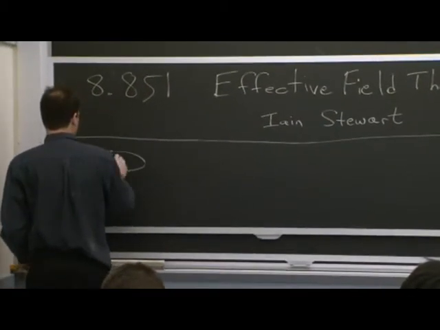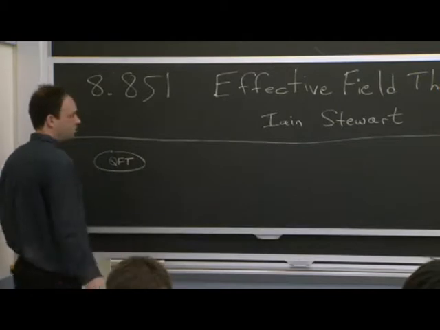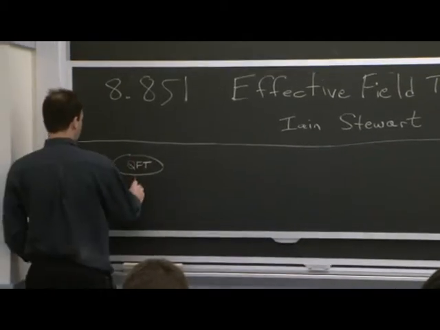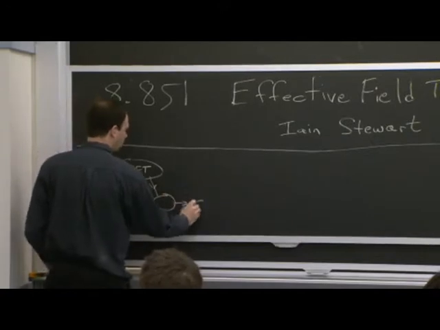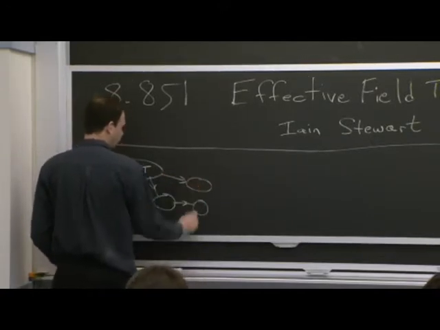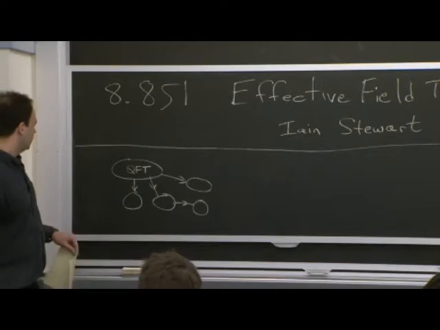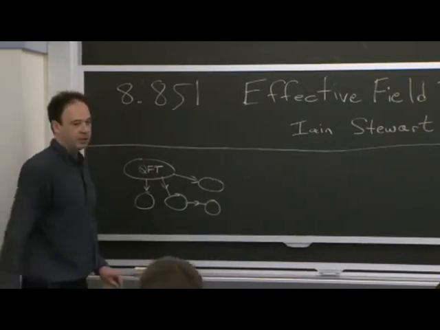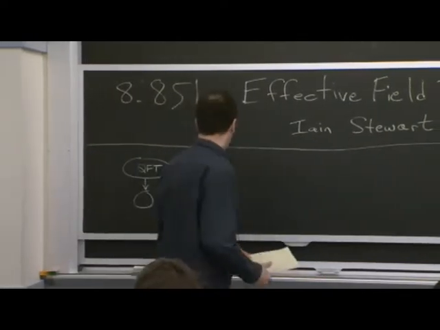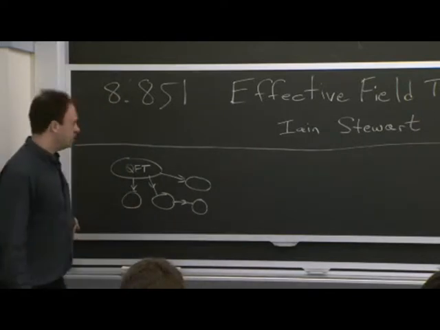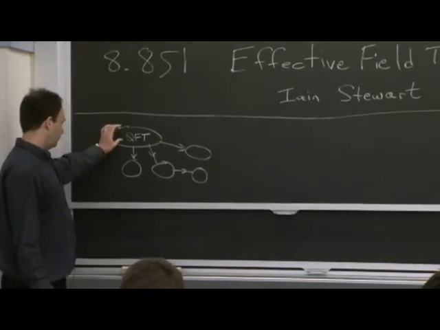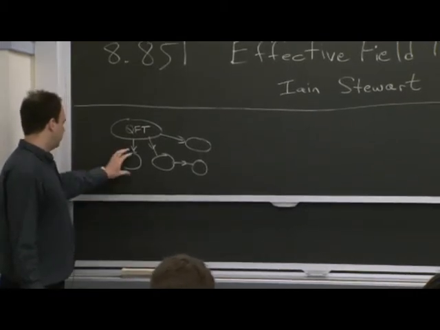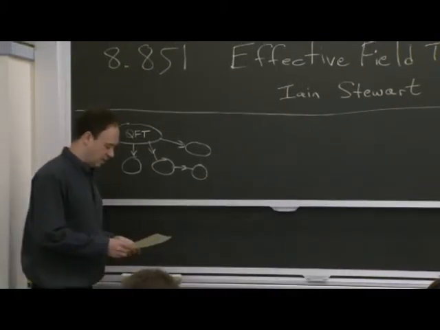If you want to draw it as a blob, we'll be taking quantum field theory, and we'll be looking for derivatives of it, like this, and figuring out how to take a very general theory, like quantum field theory for the standard model, and finding things that are more specific and, in some ways, more powerful than just having the original theory we started with. More powerful in the sense of being able to do calculations.